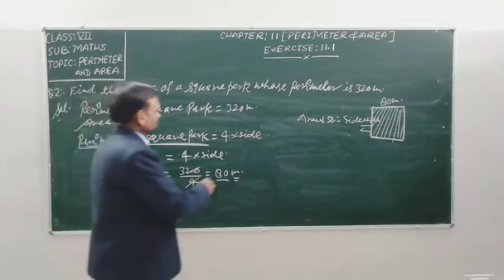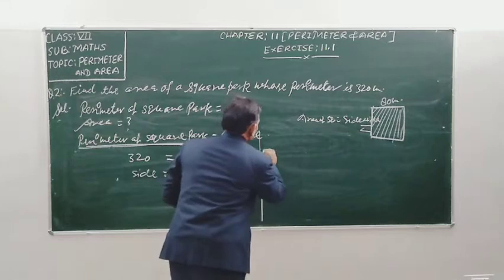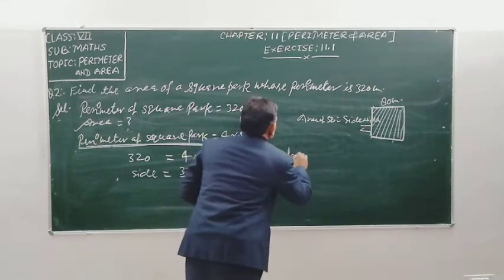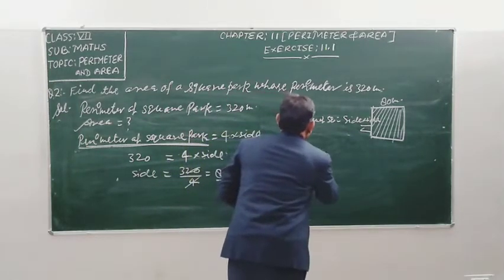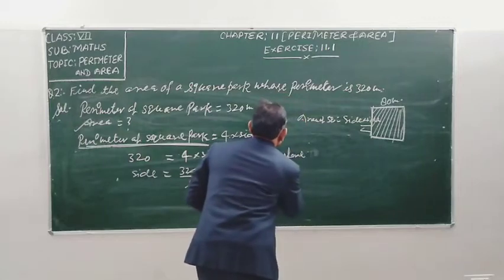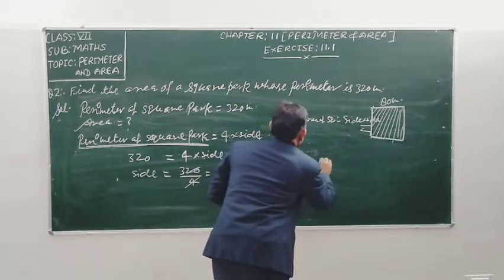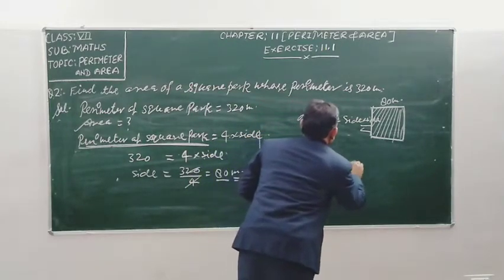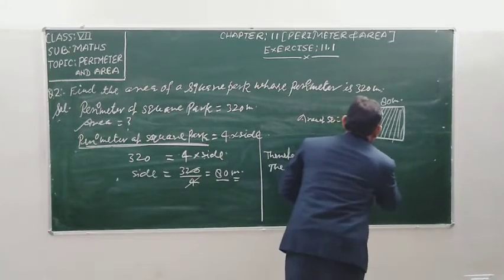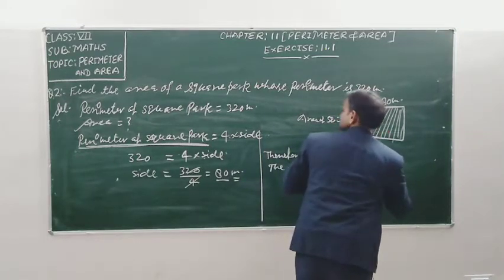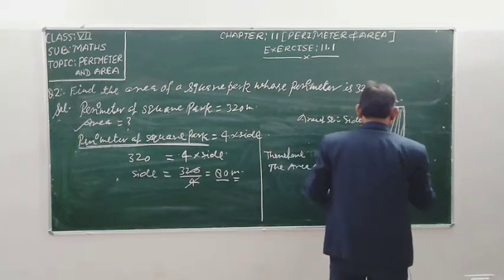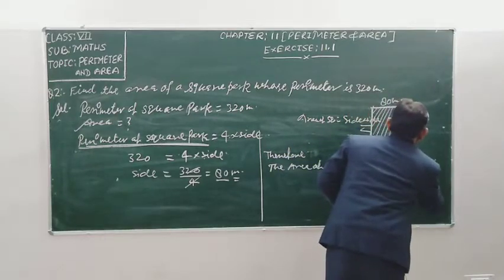So, area therefore, the area of square park is equal to side into side.